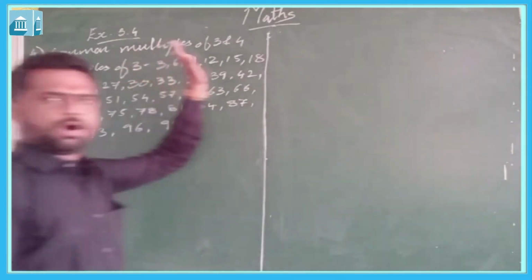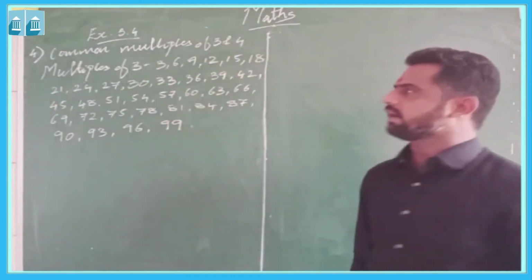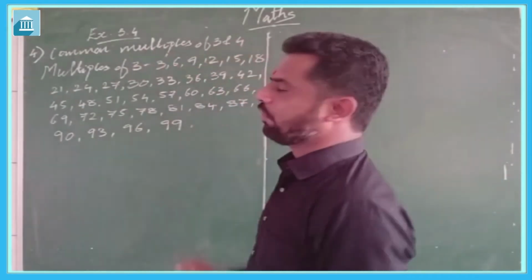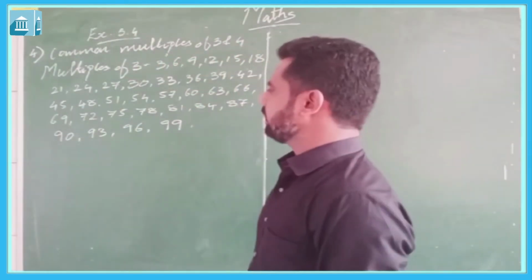These are the multiples of 3 which are less than 100. We have to find the common multiples of 3 and 4 which are less than 100.